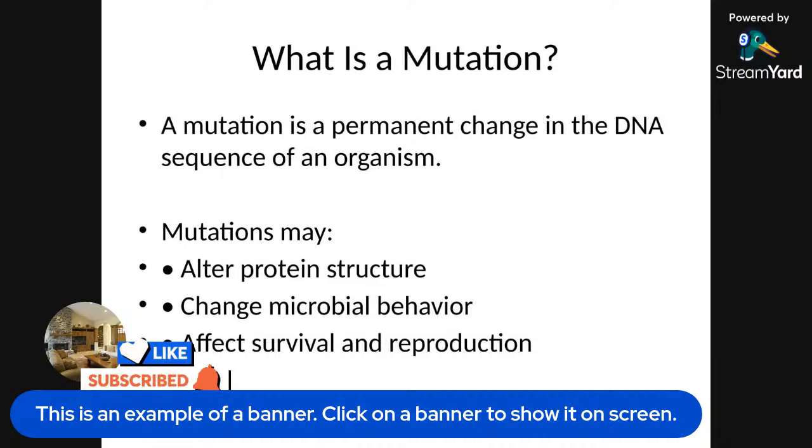And how does mutation occur? There are different causes of mutation. Number one, it could be a result of errors during DNA replication. DNA must replicate. Before any cell will divide, there must be what is called interphase.